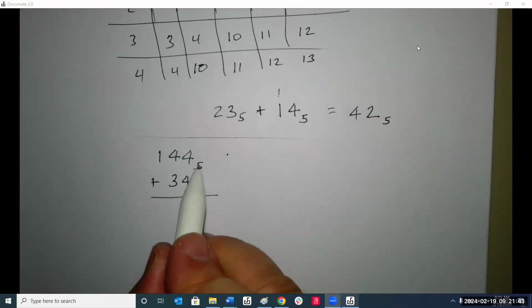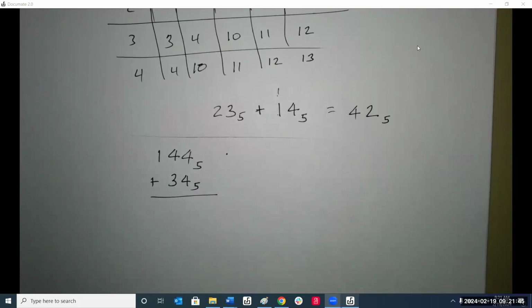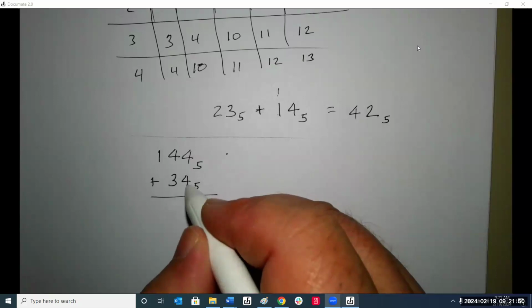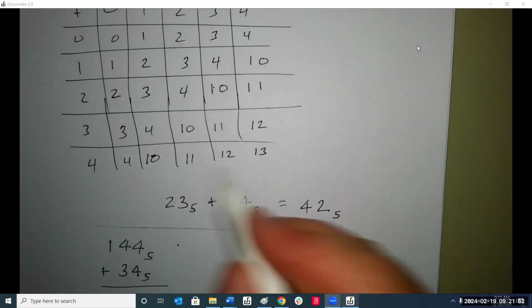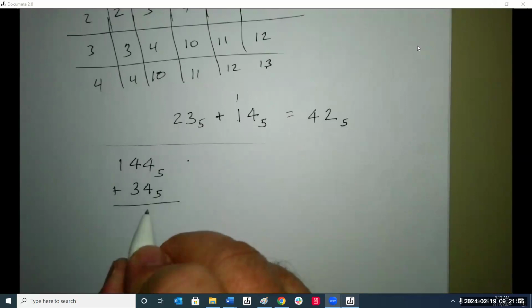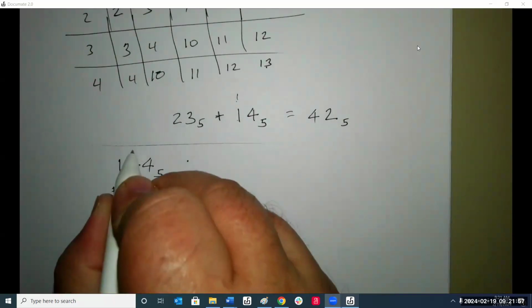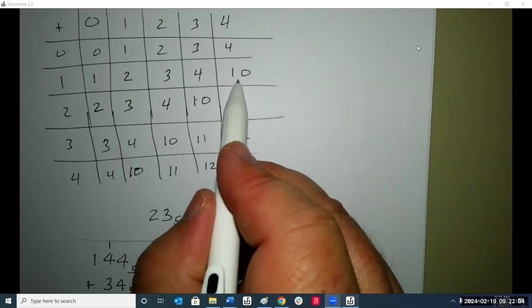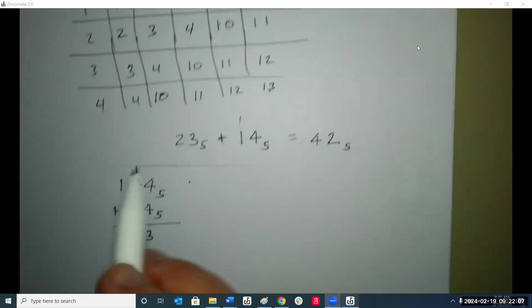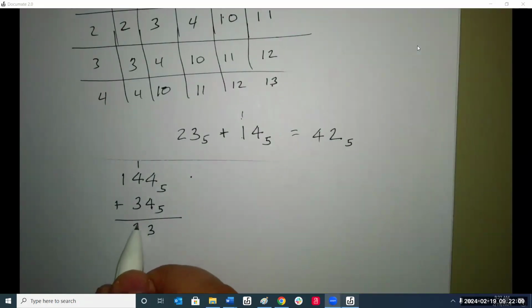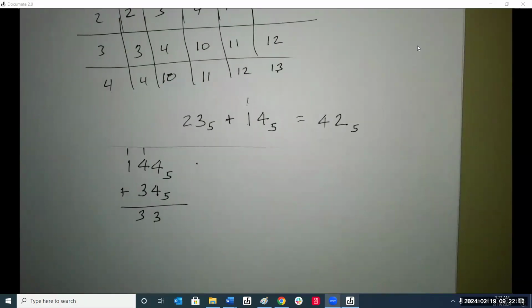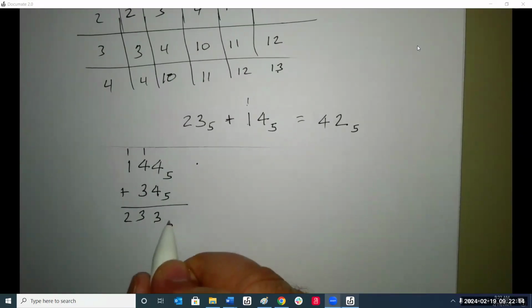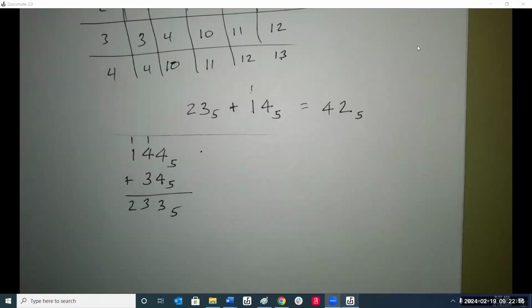We have the numbers 144 base 5 and 34 base 5. So we have 4 and 4. We do 4 and 4. That's 1, 3, which is 3, carry the 1. So we have 1 and 4. 1 and 4 is 1, 0. 1, 0 plus 3 is 1, 3. So the answer is 2, 3, 3 base 5.